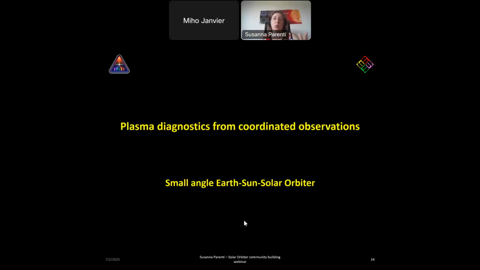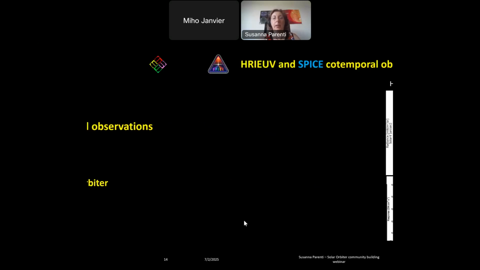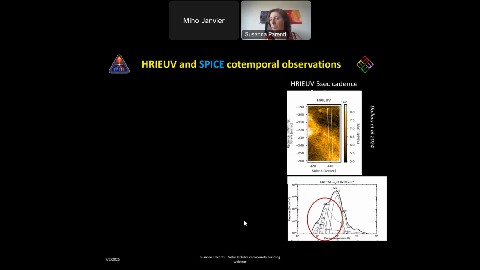Generally you do this either using EUI and SPICE on Solar Orbiter, or together with other assets like Sun-Earth, when you are aligned with Earth, so you use IRIS and other instruments.